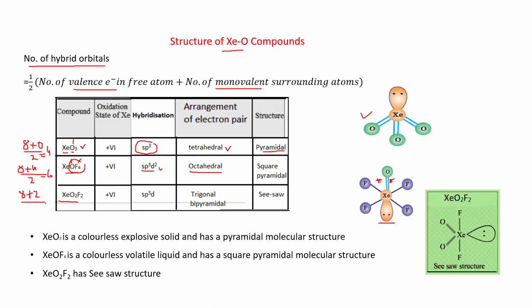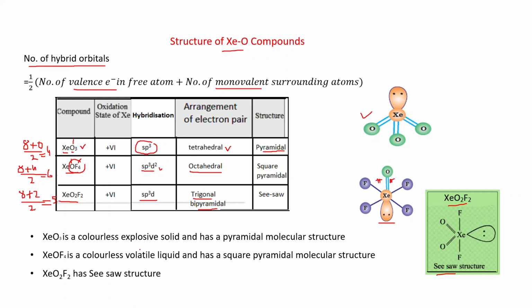Because oxygen is divalent. This will come to 5. Total number of hybrid orbitals are 5. sp3d is the hybridization. These orbitals are arranged in a trigonal bipyramidal manner, but only 4 hybrid orbitals will make sigma bonds and there is one lone pair of electrons. That's why the geometry becomes seesaw.